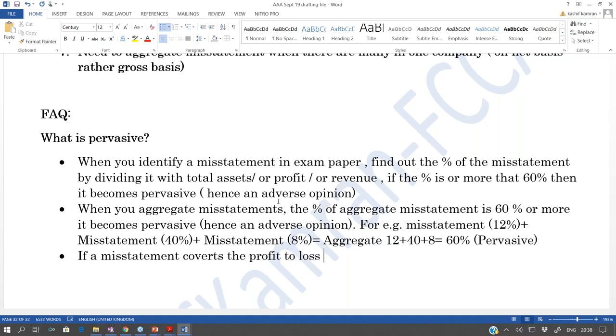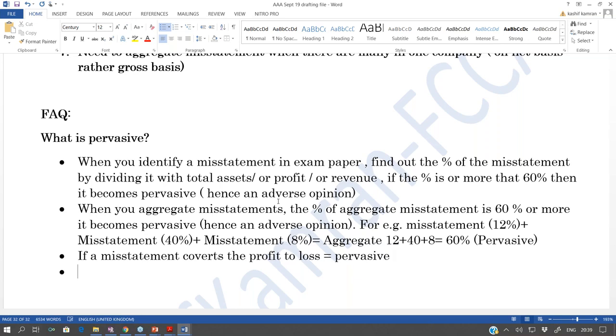Suppose there is a misstatement in the exam paper which is capable of converting profit to loss. So the first bullet is an individual misstatement, the second bullet is aggregate misstatements, and the third bullet is that if a misstatement converts profit into loss, it is pervasive. Is everyone clear on the three?